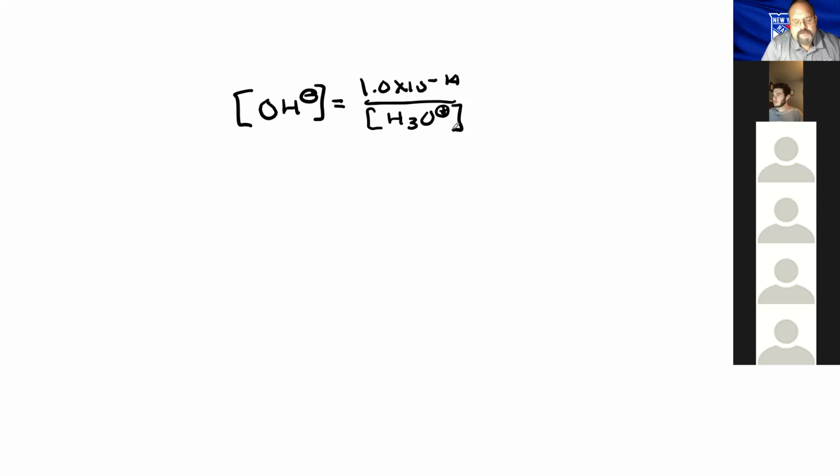Now, one of the tricks is putting it into your calculator. I can't tell you exactly how to put it into your calculator because different calculators do it different ways in terms of putting in the times 10, the exponent, and the minus sign and such like that.